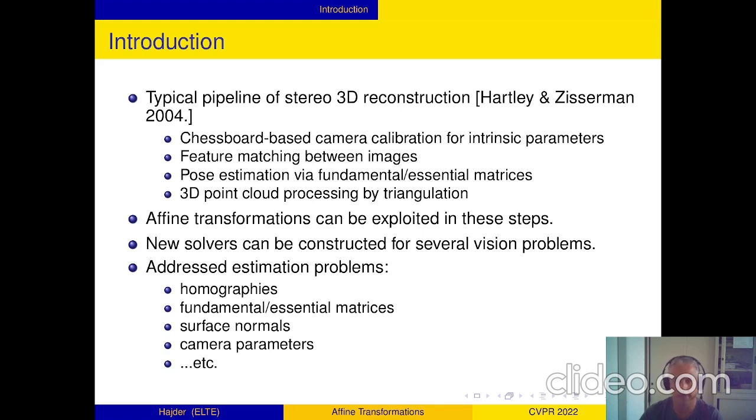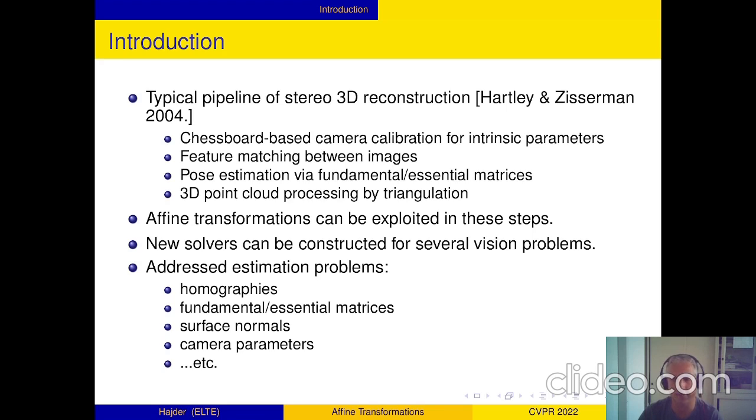There are several algorithms. Then the pose is estimated, first the fundamental matrix, and then if the camera parameters are known, then the essential matrices can be computed, and then an essential matrix determines the pose of the stereo pair, and finally the three-dimensional information are calculated by triangulation. Okay, this is a standard point correspondence based algorithm.